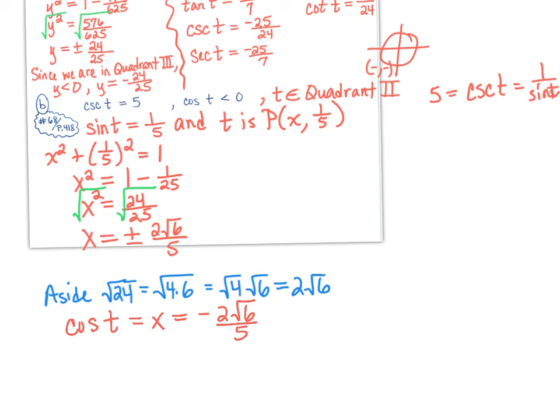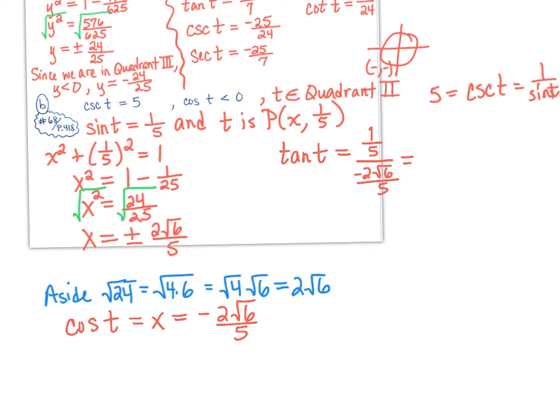Okay? Now we can find our other functions. We already got sine of t. We have cosine of t. Tangent of t is the same thing as sine, 1/5, divided by negative 2 square root 6 over 5.